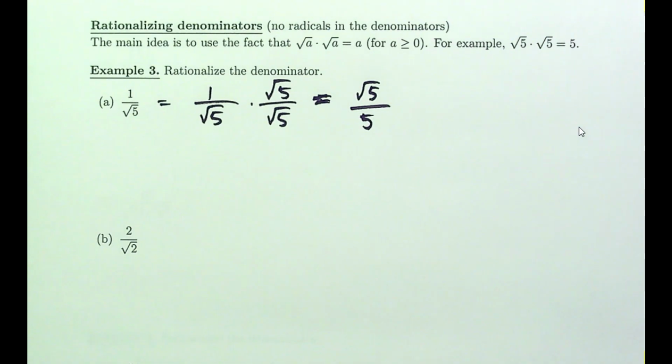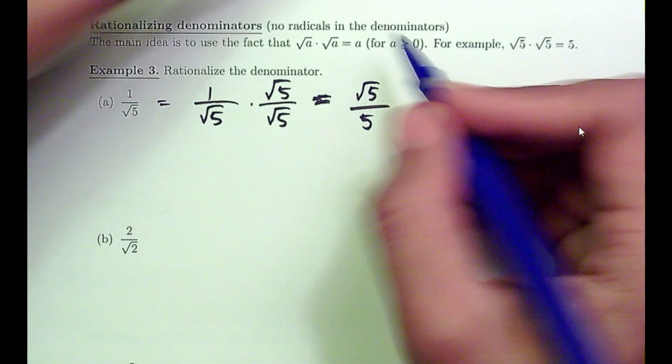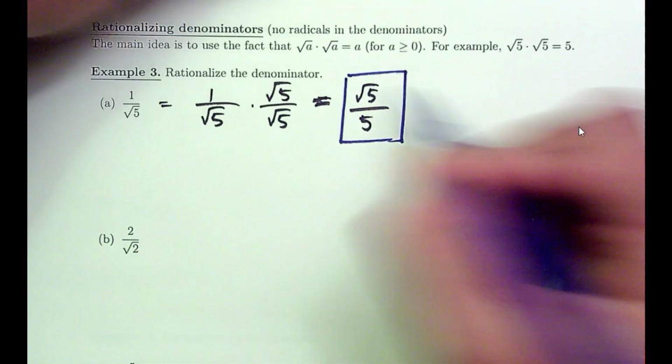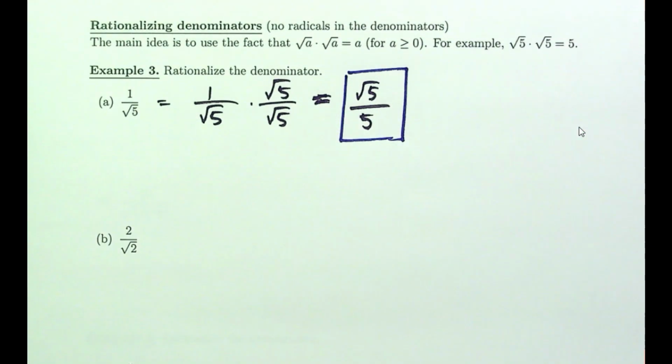And that's it. You should double check that there's no more that you can do to simplify this. And in this case, there's nothing else that we could do to simplify because you cannot cancel the 5, right? You cannot combine things that have radicals with things that don't have radicals. So that is the final answer.